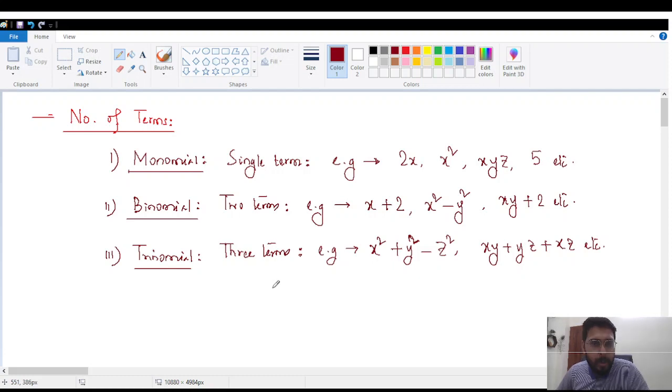I'm just writing the heading so that you can take notes accordingly. Classification of polynomials: number of terms. Then the next classification, now see.